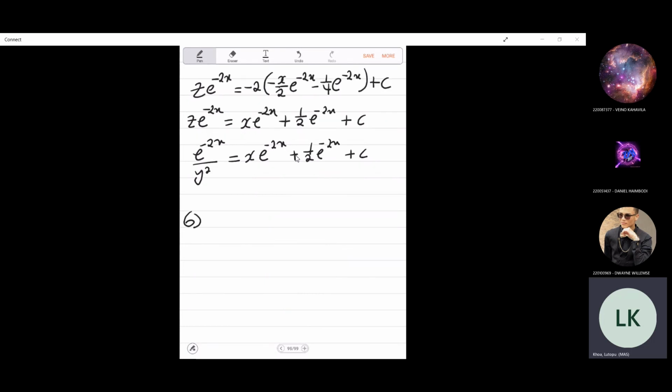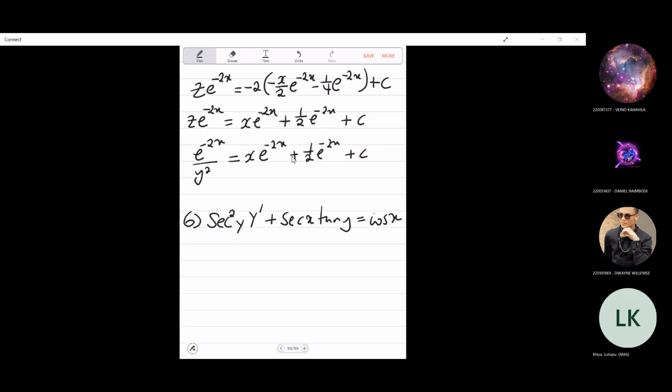Number 6, we have sec squared y, just going to write y prime, plus sec x tan y is equal to cos x. Okay, so here we have tan y.